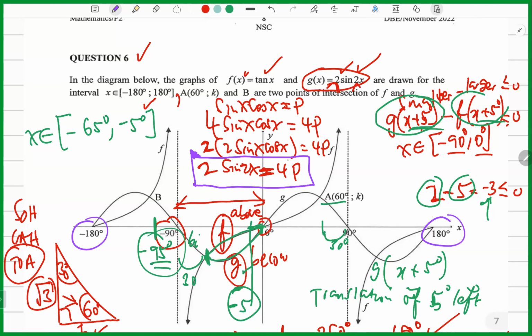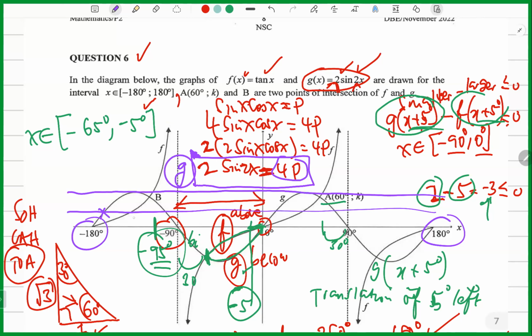It means that when you have 2 real roots, it is the graph of g, and this 4p is the line that is either like this, but if it cuts here, 1, 2, 3, 4 points, it cuts at 4 points, but it must cut at 2 real roots. So it must touch at 2 points, at the turning points.